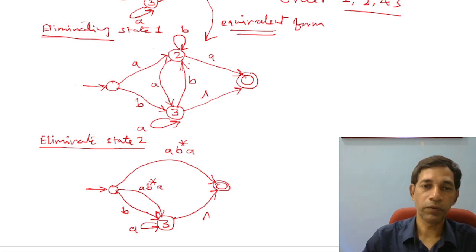So from the state 2 we have the two outgoing edges, one goes to the final state and the other goes to the state 3, which we have considered.